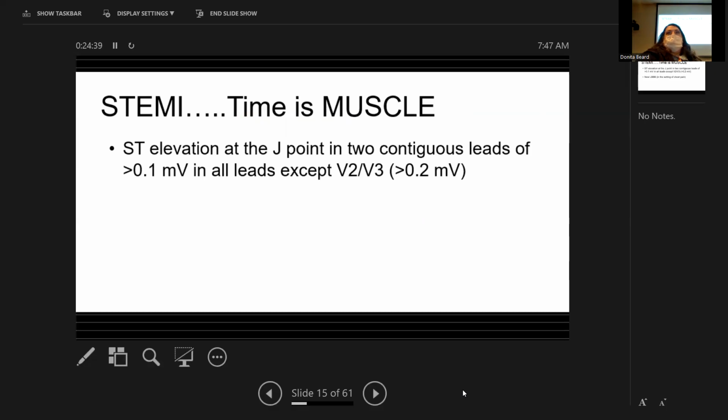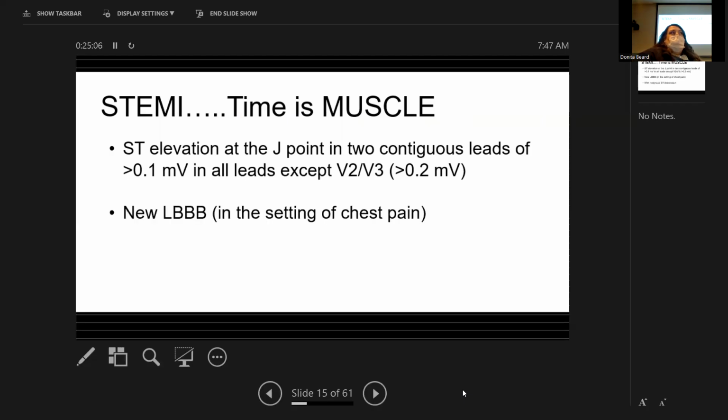It'll go by millivolts, but basically 1 millimeter. And that's just because of where V2 and V3 are located. If you think about where you put EKG leads, V2 and V3 are the closest to the heart and usually have the biggest QRS complex, so they're the most prone to changes. That's why most everybody says you need 2 millimeters of ST elevation in V2 and V3, but 1 everywhere else.